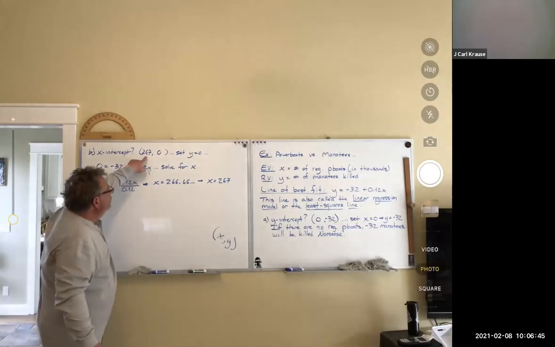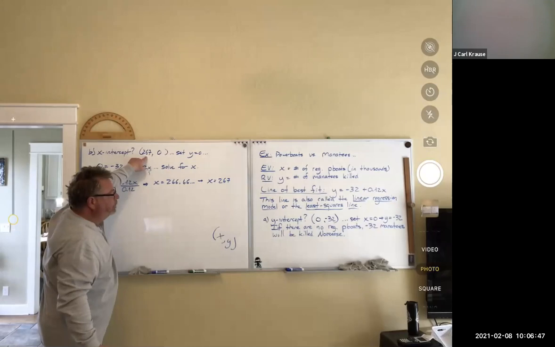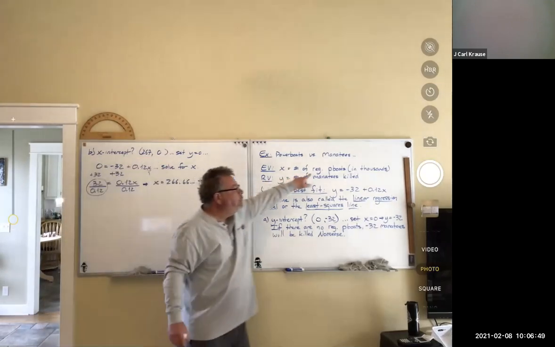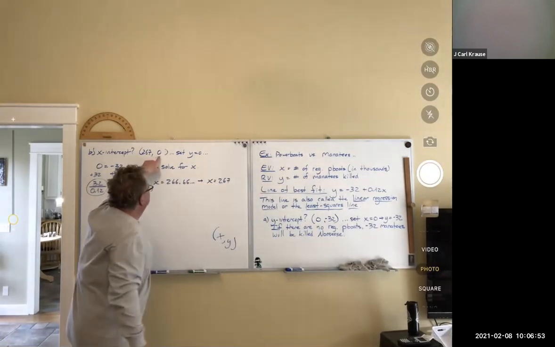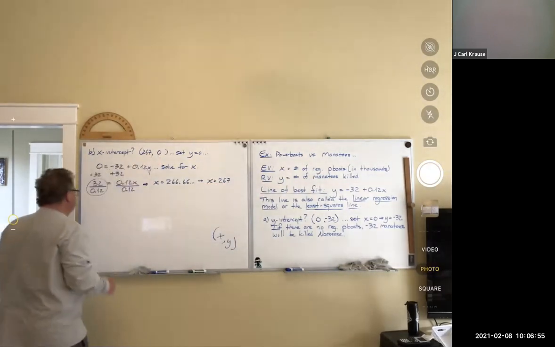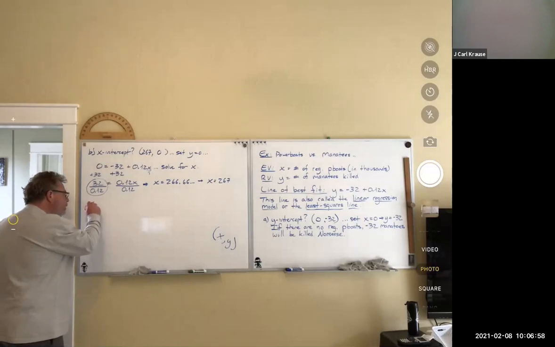So 267 what? 267,000 registered powerboats, 0 manatees killed. So here's the interpretation.